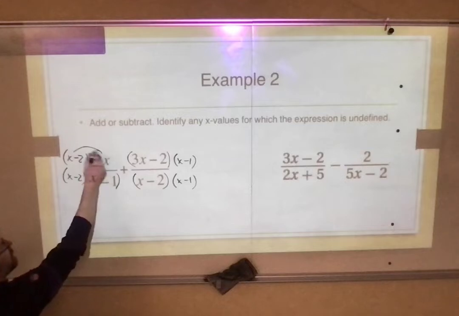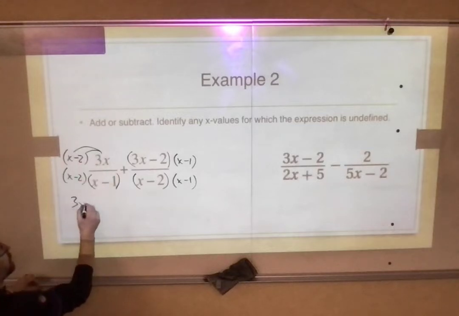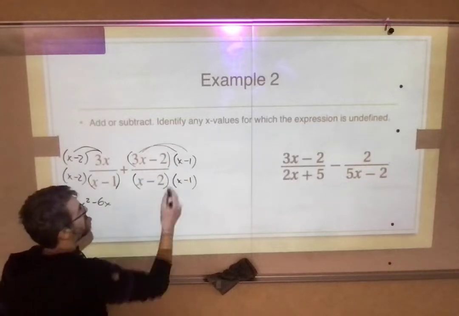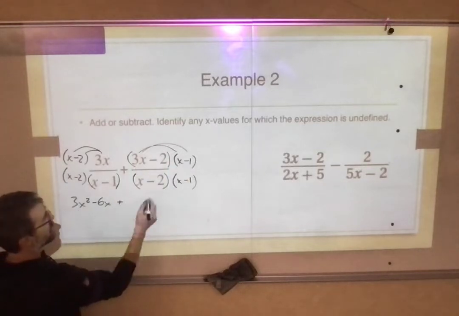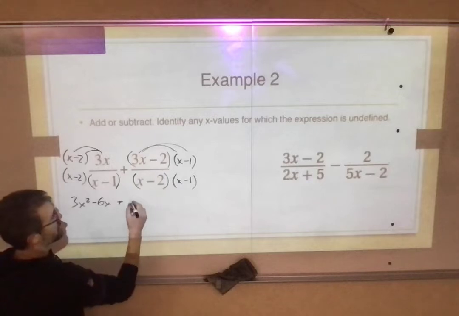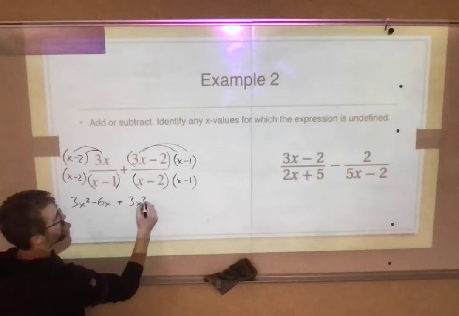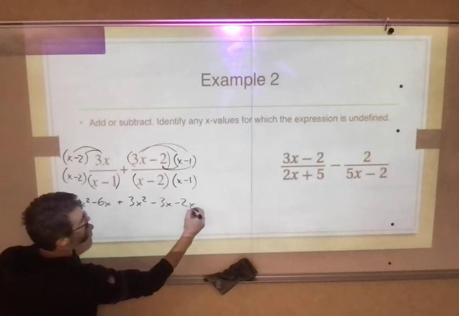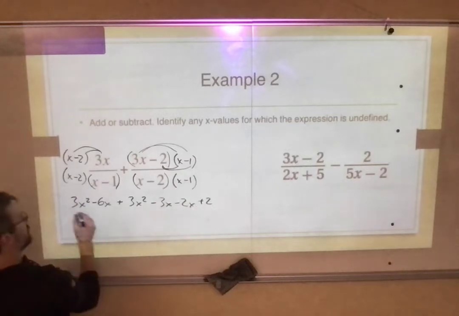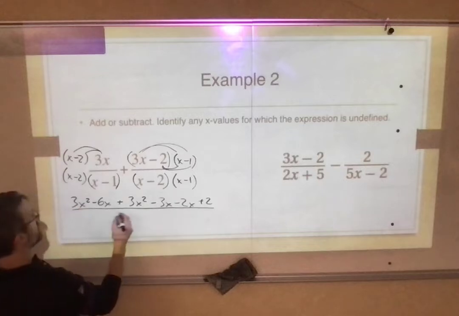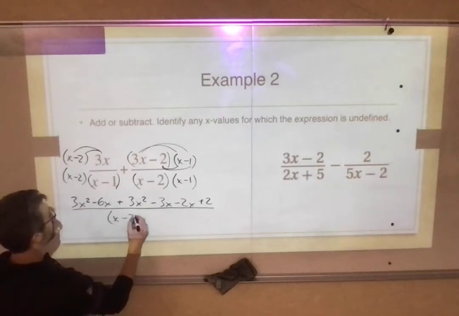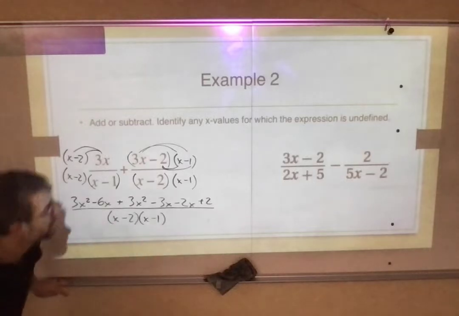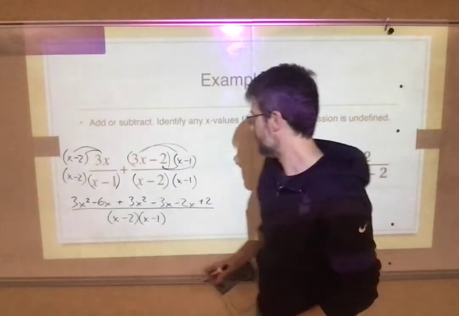Okay, so here I'm distributing 3x squared minus 6x. Over here I'm foiling. And because I have a common denominator, I'm just going to make this one fraction at this point. So 3x squared minus 3x, and then minus 2x plus 2. And because they're a common denominator, I'm going to make this one big fraction, and then I just have to combine the like terms and list the domain restrictions.